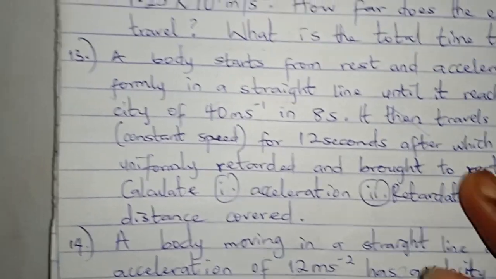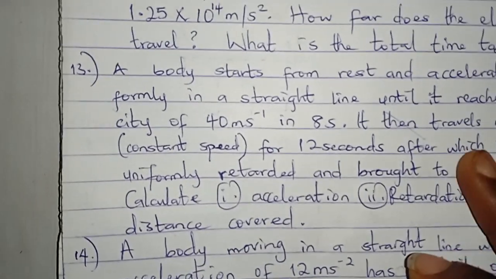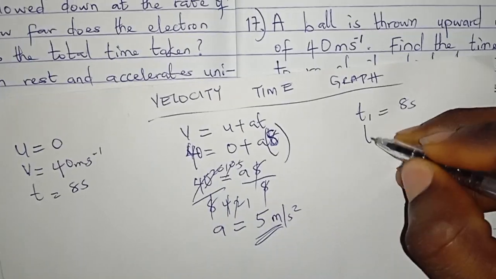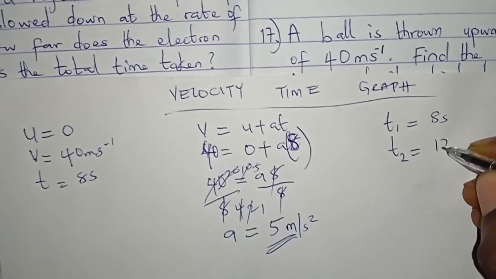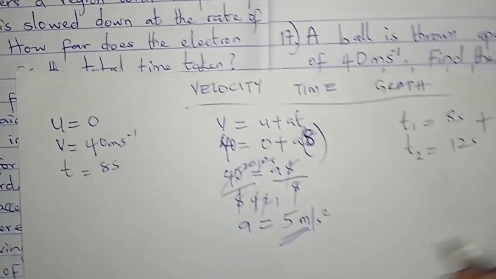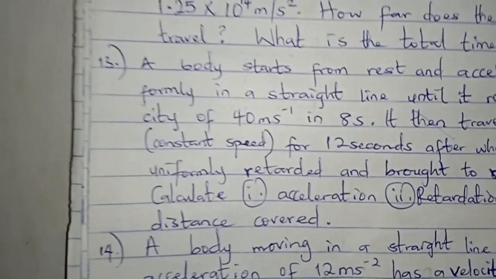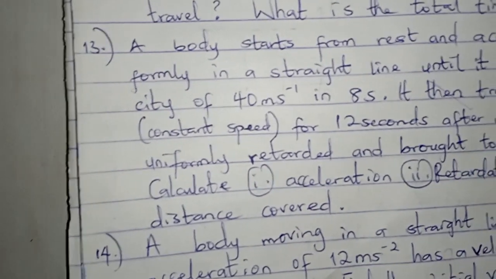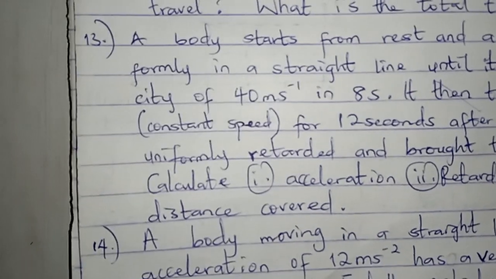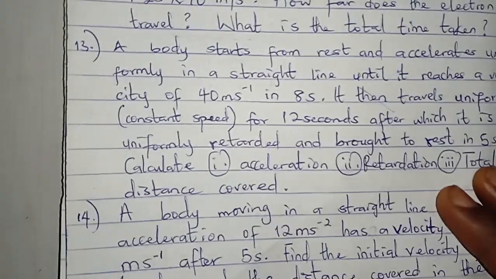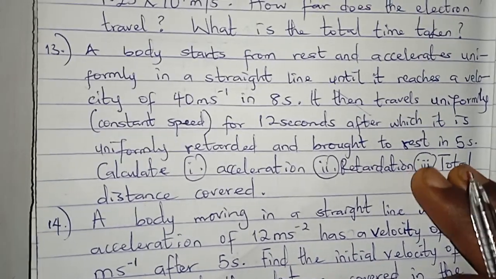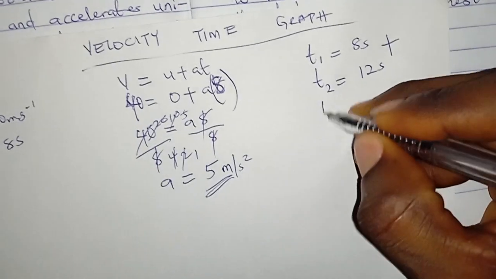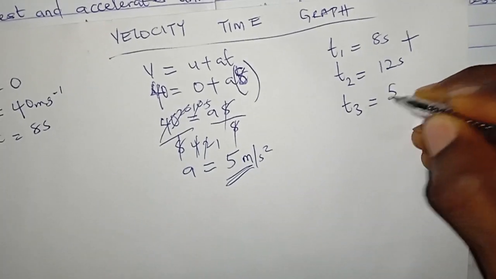Then they say it then travels uniformly for 12 seconds. That means t2 is equal to 12 seconds. After which it is uniformly retarded and brought to rest in 5 seconds. Uniformly retarded, that is deceleration, brought to rest, v equals 0 in 5 seconds. So t3 equals 5 seconds.